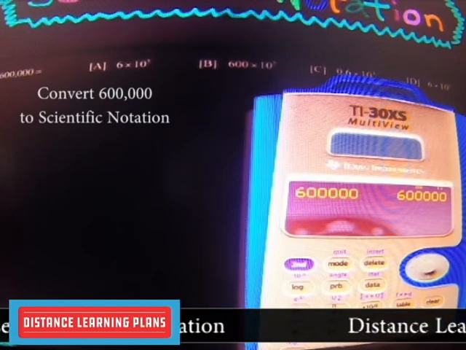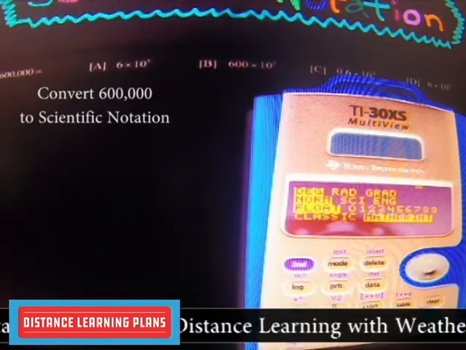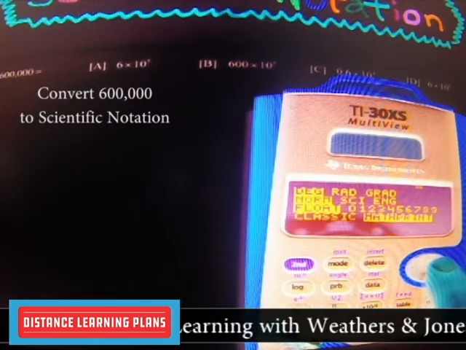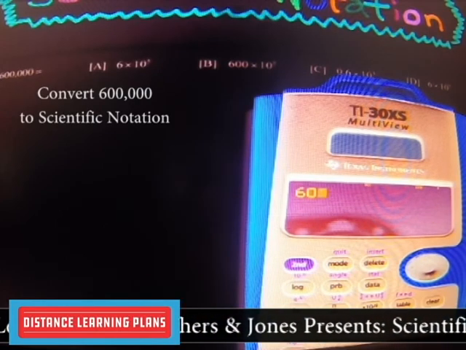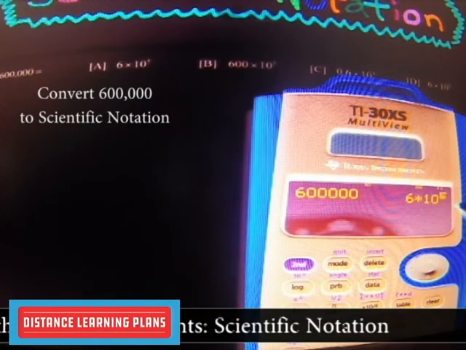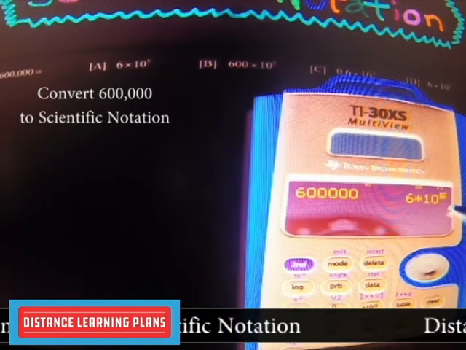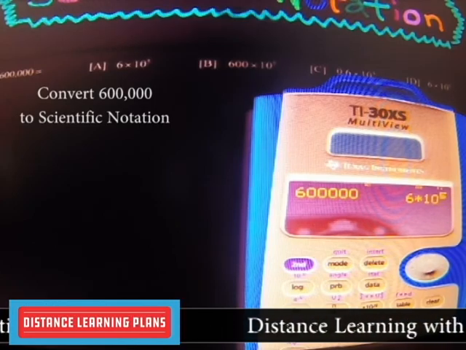We can't figure out anything that way. But if we clear it, go to mode, change it from normal to scientific, and then go back and put in 600,000 and press enter, it gives it to us in scientific notation: 6 times 10 to the 5th power.